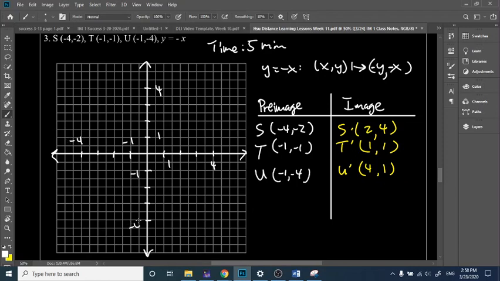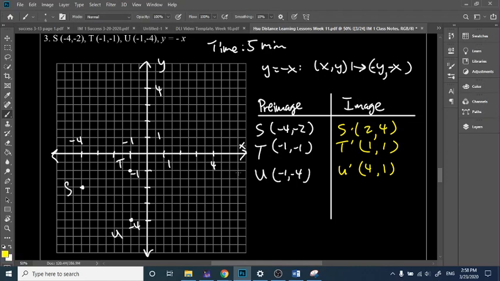Okay, so here we have our axis. Yes, draw a new axis every single time. Alright, negative 4, negative 2. We got that for S, and then negative 1, negative 1. That is going to be your point for T, and then negative 1, negative 4. So we have S, T, U.